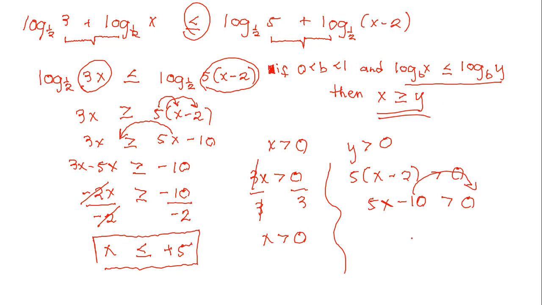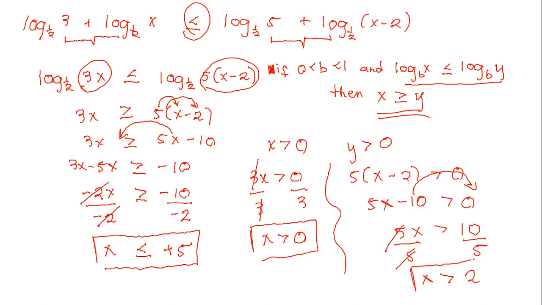Transpose negative 10. That will be 5x is greater than positive 10. Divide both sides by 5. X is greater than positive 2. So on this example, there is 3 value of x.